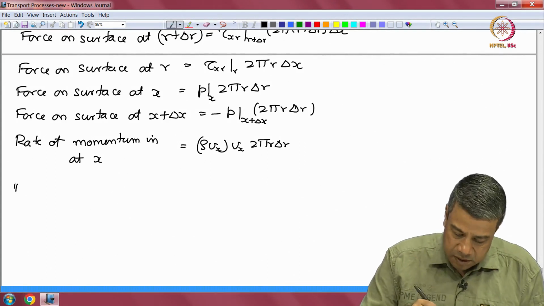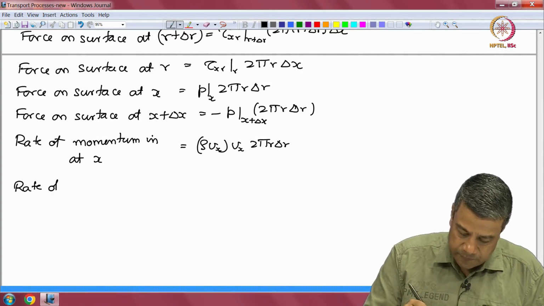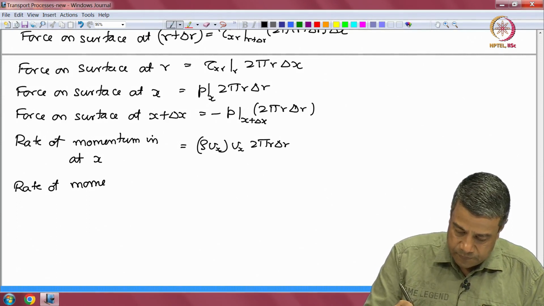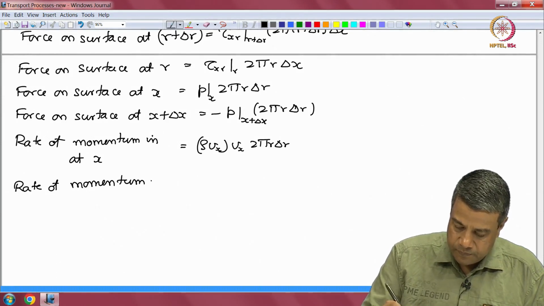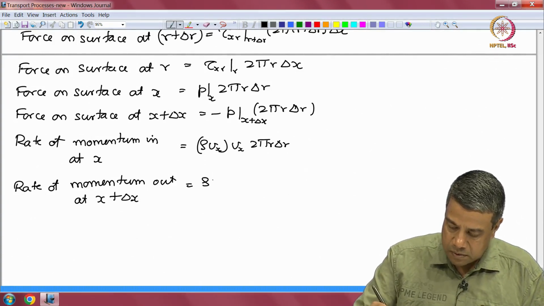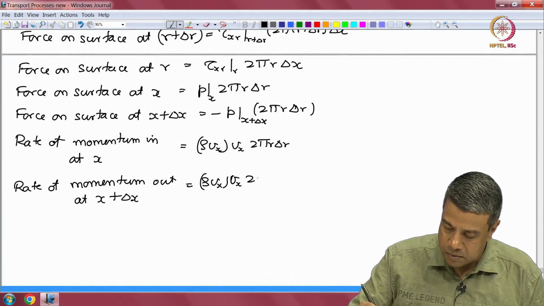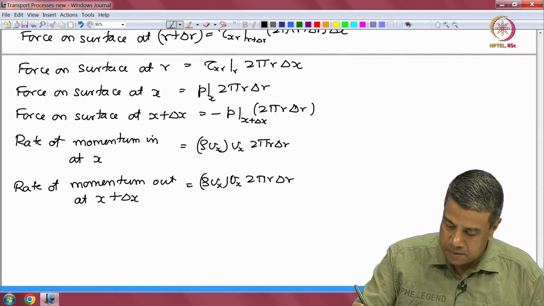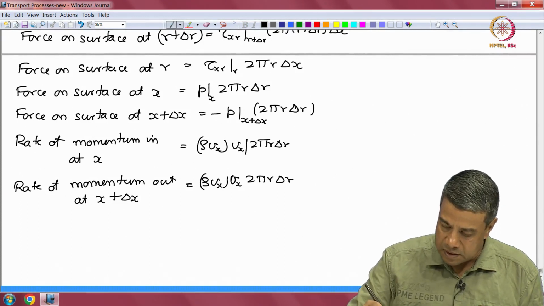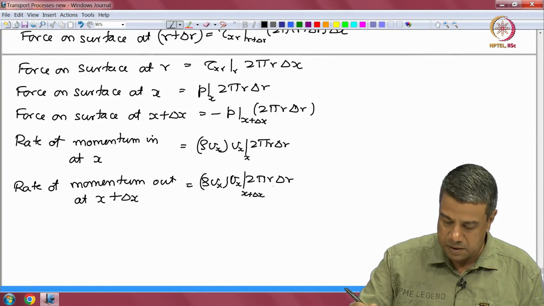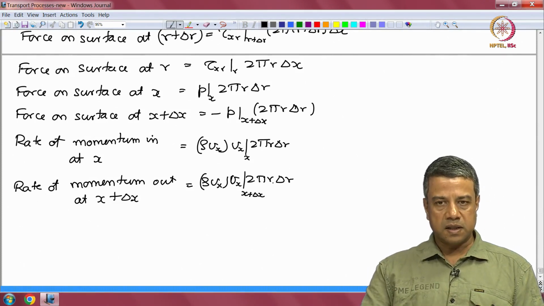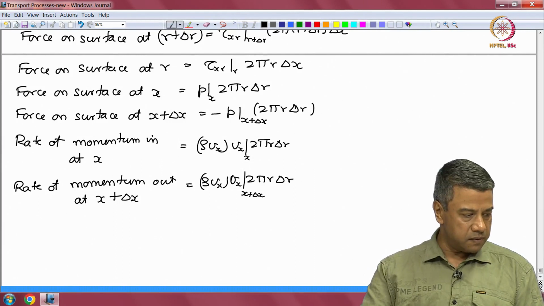Rate of momentum out at x plus delta x is equal to rho v x into v x into 2 pi r delta r. Note that this is at the location x, this is at the location x plus delta x. So, those are the rates of momentum in and out and the forces.